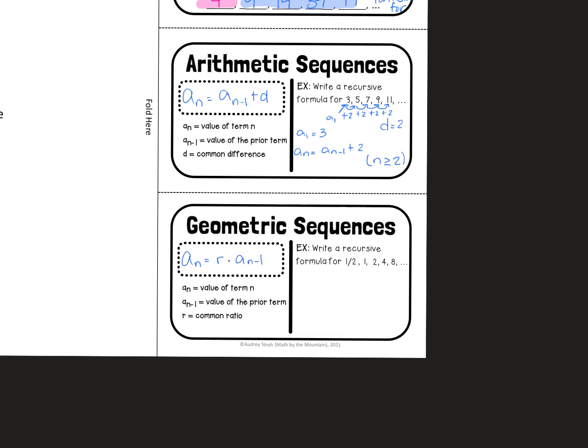So if I want to look at that next pattern, I would then have these multiplying by 2. Now I get a1 equals half. So I know that the nth term is going to be 2 times a n minus 1, where n is greater than or equal to 2.